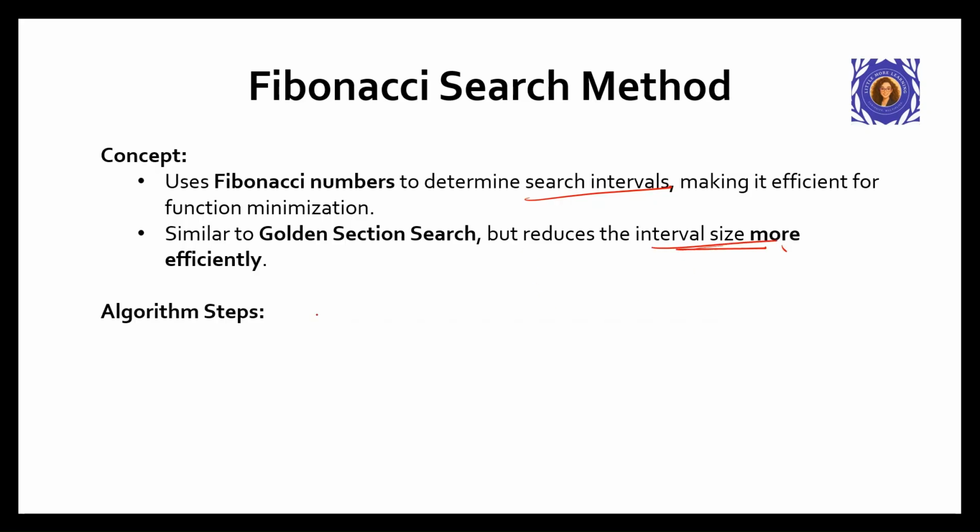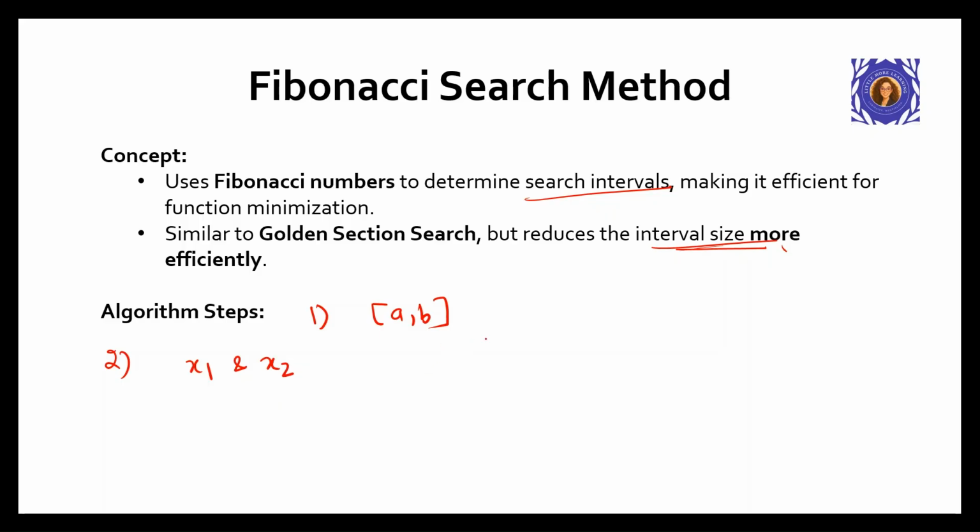So the algorithm steps in the Fibonacci search method include, the first one is to choose the initial interval A and B containing the minimum. The second step is that we need to compute 2 points x1 and x2.